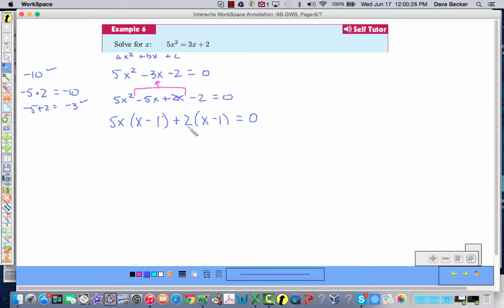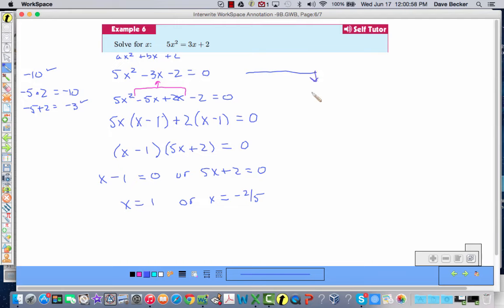Both of them have x minus 1 in common, so you're factoring out x minus 1 from this expression, and you're left with 5x plus 2, just like any other factoring. So x minus 1 equals 0, or 5x plus 2 equals 0, and then we get x equals 1, or x equals negative 2/5.